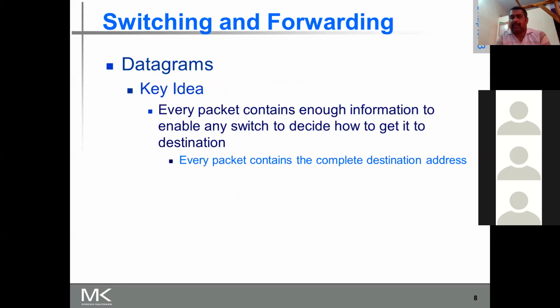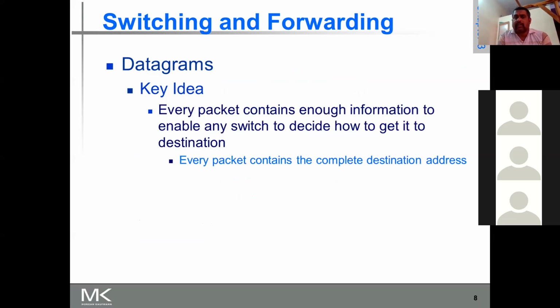Now, datagrams. What are datagrams? The key idea: every packet contains enough information to enable any switch to decide how to get it to the destination. As I told you at the beginning of networks, a packet is like a cell in a human body. Without cells, a human being is not there at all.